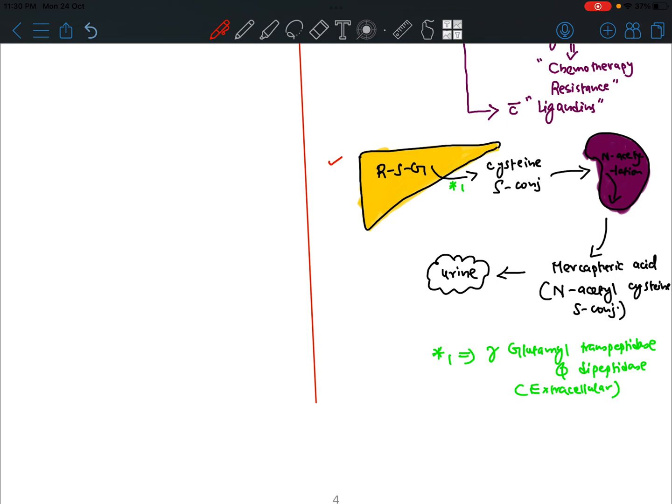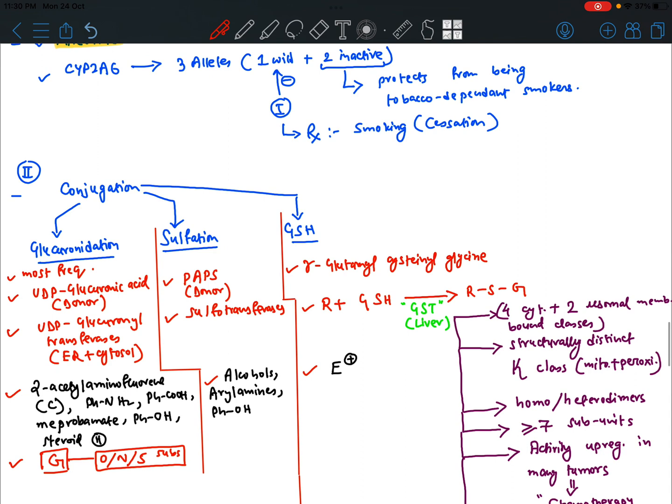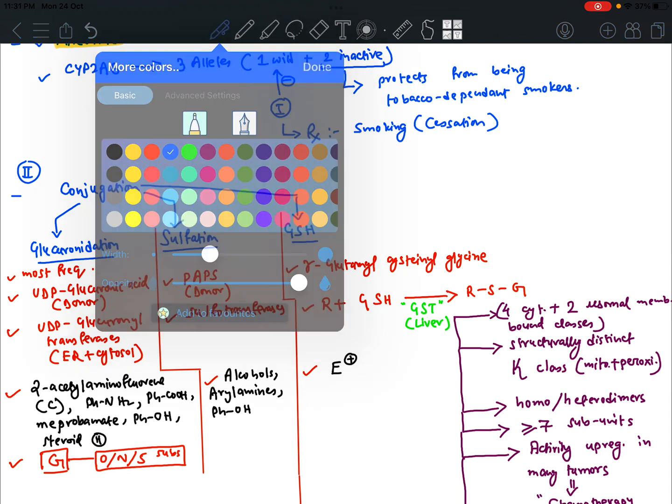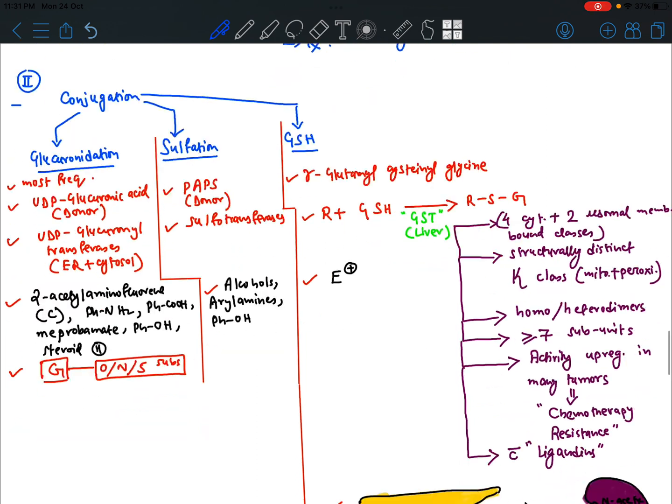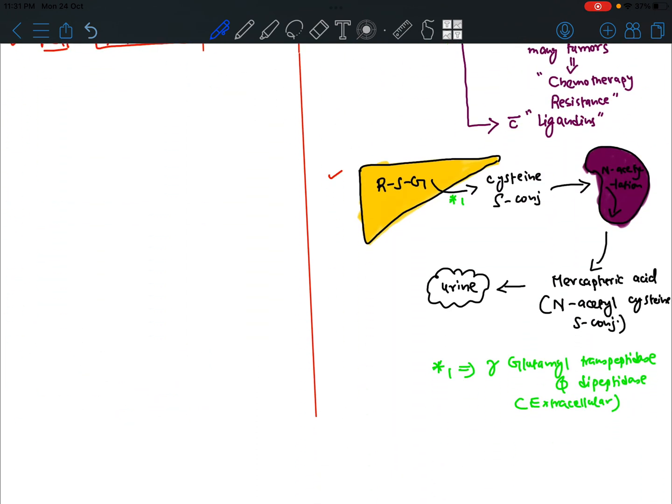So as I said, phase 2 is mostly about conjugation, but it's also about acetylation and methylation.